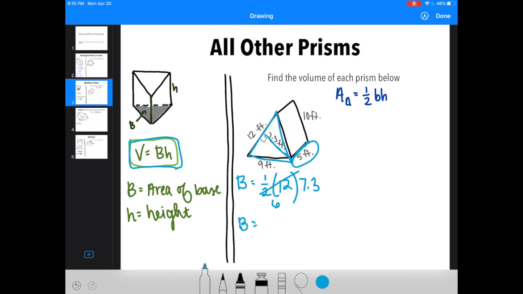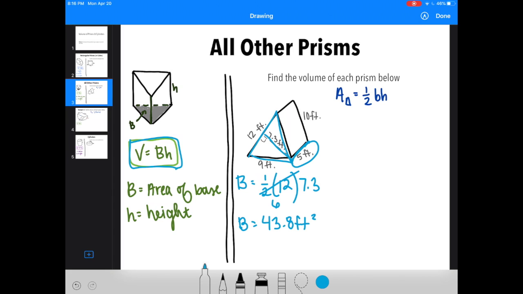So my area of that triangle is going to be 7.3 times 6, which gives me an answer of 43.8 feet. Now, if the question was just asking me for this area, let's say the area of my base, what would my units be? Well, it's area, so my units would be feet squared.